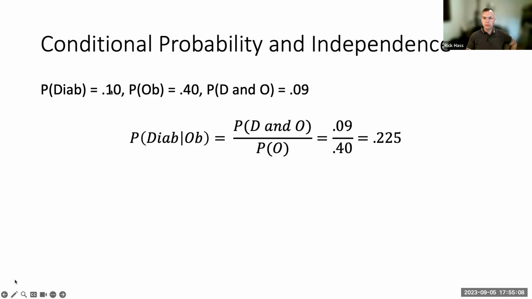This number is essentially giving us, if we know nothing about a person, we can estimate their probability of having diabetes to be 0.10, or a 10% chance. Now, if we get more information about them and we know that they're obese, what happens to their chances of being diabetic? Are these greater chances than here? It increases the probability.